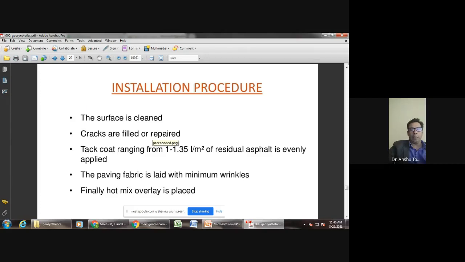If you are using it for residential purposes by the common man, then they can use their own method to fill the cracks, which is economical and feasible in their budget. Then the paving fabric is laid with minimum wrinkles. Finally, the hot mix overlay is placed. After that, on top of it we put the hot mix overlay such as asphalt and bitumen.